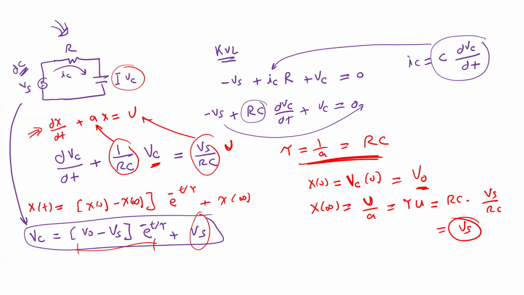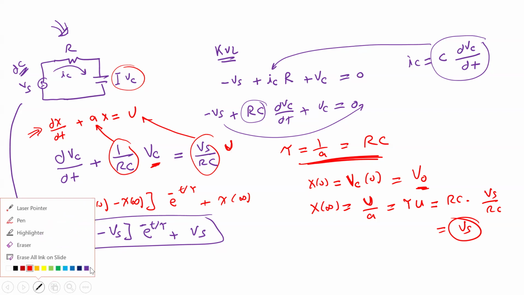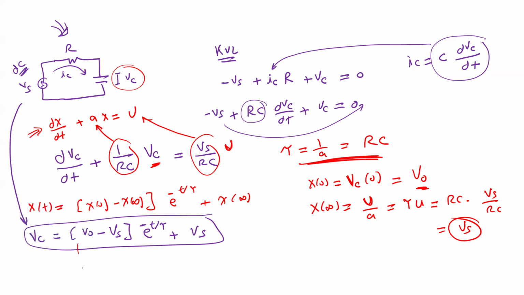I can also rewrite this equation, similar to what I did before, so that V naught is in one term and Vs is in another. The way I can do it is Vc equals V naught e to the minus t divided by tau, plus Vs times 1 minus e to the negative t divided by tau.